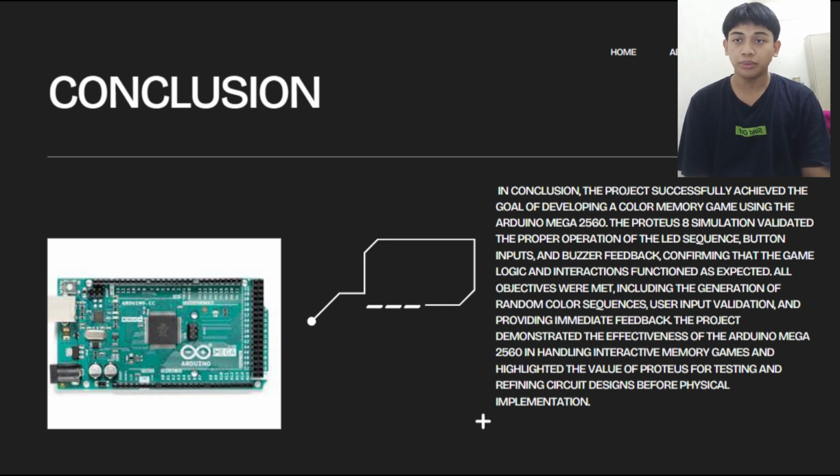All objectives were met, including the generation of random color sequences, user input validation, and providing immediate feedback. The project demonstrated the effectiveness of the Arduino Mega 2560 in handling interactive memory games and highlighted the value of Proteus for testing and refining circuit designs before physical implementation.